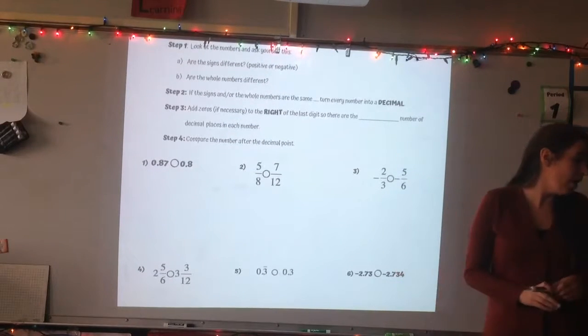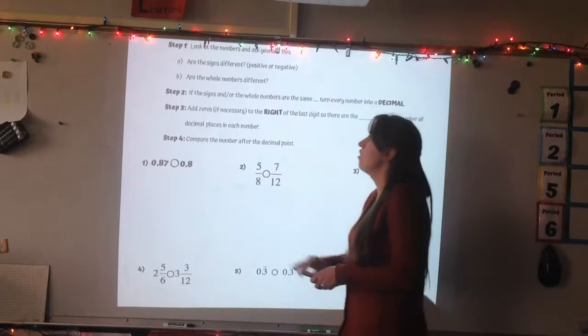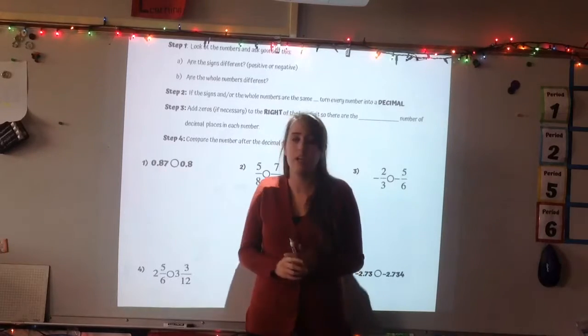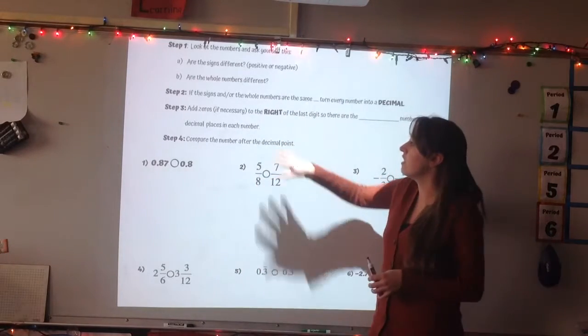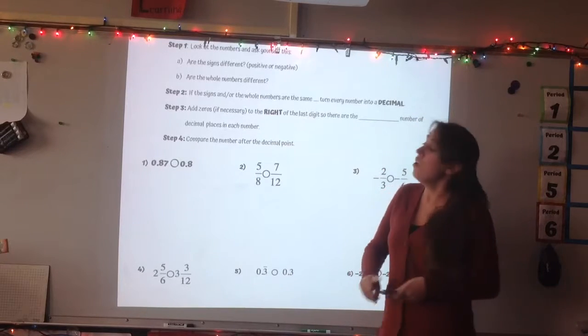So for number 1, we've got 87 hundredths and 8 tenths. The first step is to make it into a decimal. These both are already decimals, so I don't need to worry about that. But now I need to see if I need to add any zeros to make them have the same number of decimal places.